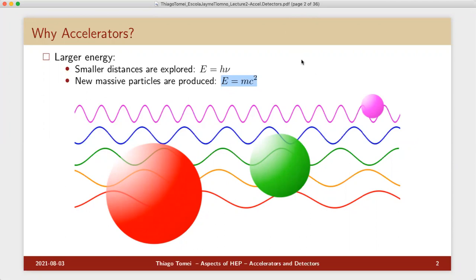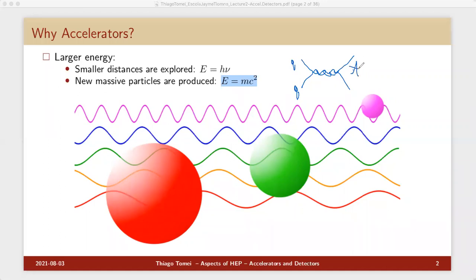So if you have some process, I'm drawing here something like a quark-quark collision. Let's put a gluon here instead of a photon. It can again give rise, for instance, to a pair of top quarks, which are much more massive than the original quarks. And where does this extra mass come from?